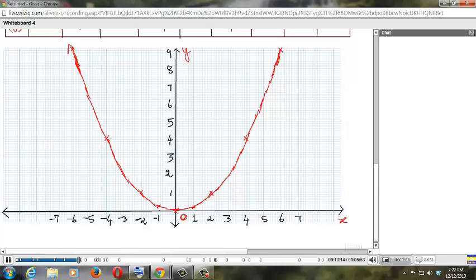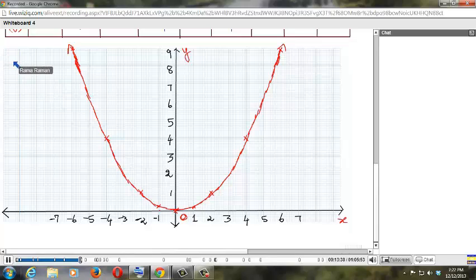Now it will extend up to infinity on this side. It may be noticed that this is the vertex, because no part of the parabola goes beyond the x-axis. So this point 0, 0 becomes the vertex of the parabola.